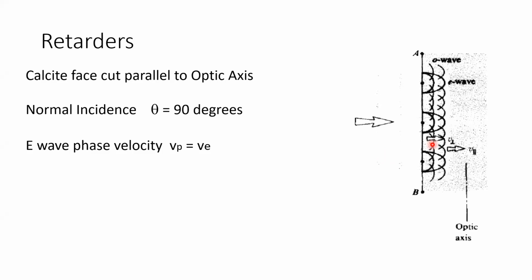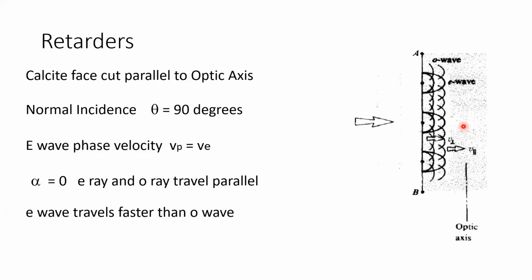One is in the plane which contains the principal axis, the optic axis, and the K. So the E wave oscillations would be like this, and the O wave oscillations will be coming out of this plane. So they have two different polarizations, but travel at different speeds. That introduces a phase difference between the O wave and the E wave.